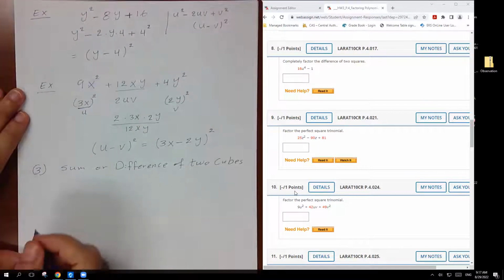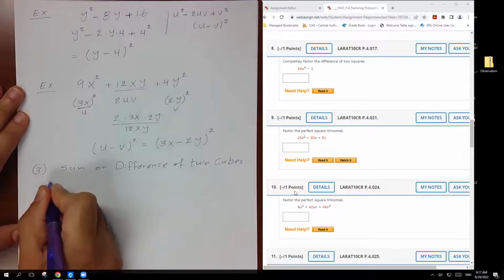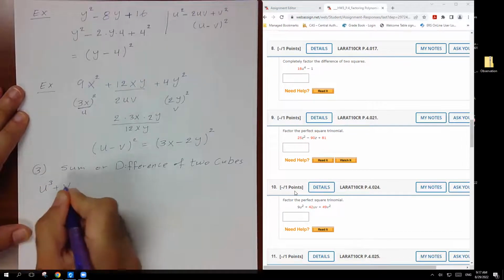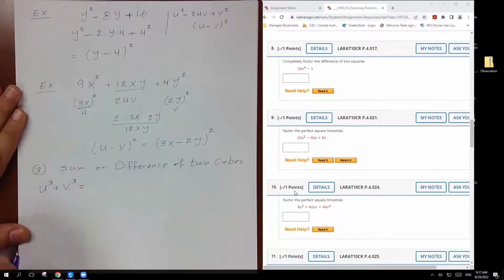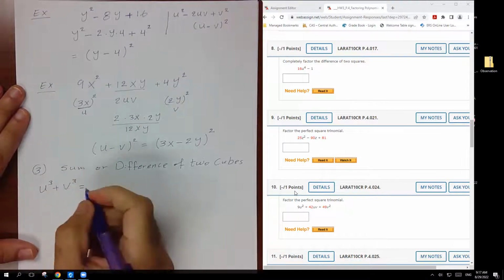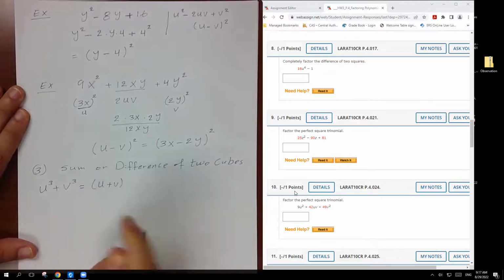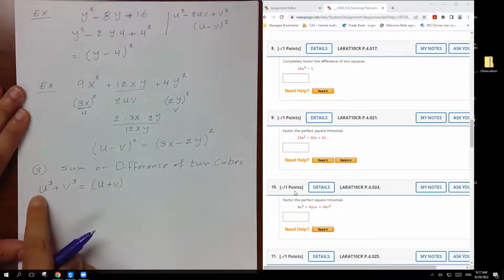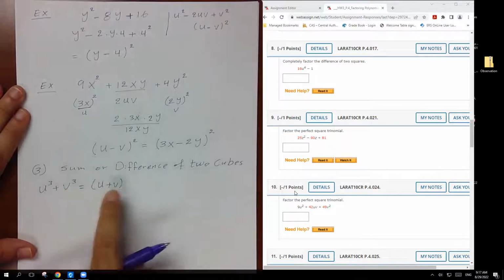So here's the rule. Now cubes. That means u cubed plus v cubed. You're going to use exactly the same idea. Every time you see u cubed plus v cubed, you're going to say this is u plus v, the cubic root of the first term plus the cubic root of the second term.